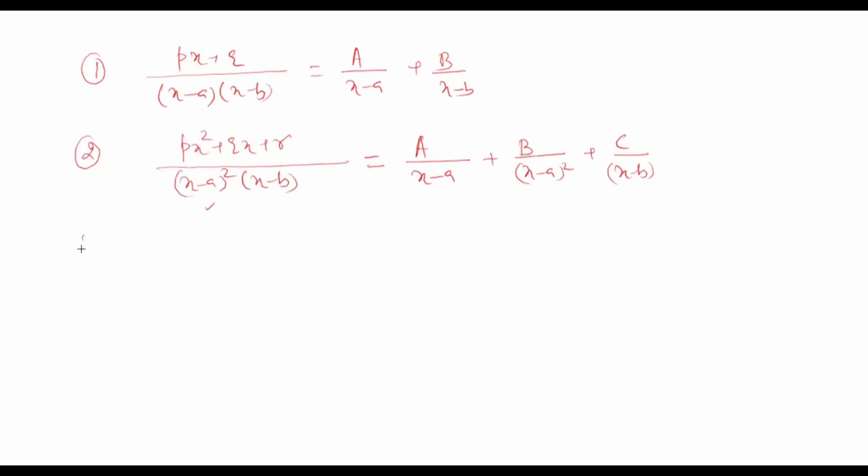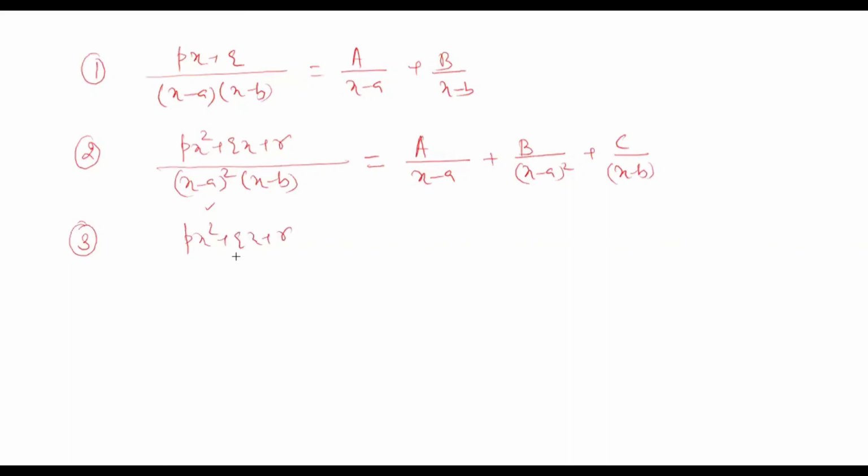And then the third type is what I don't know whether they are teaching you. I didn't see that they are teaching you. Okay. So let me write it down. It will be something of this nature wherein px plus qx plus r.